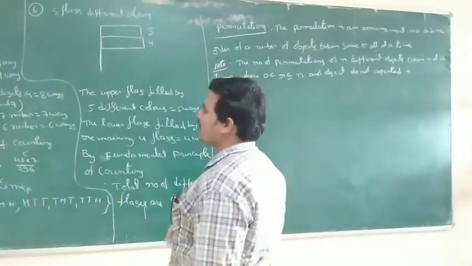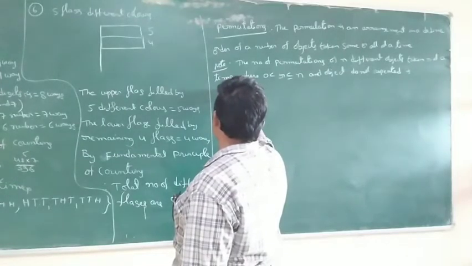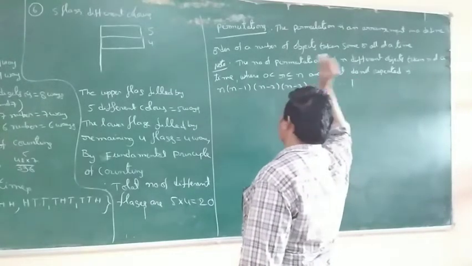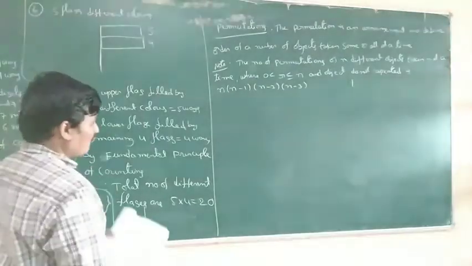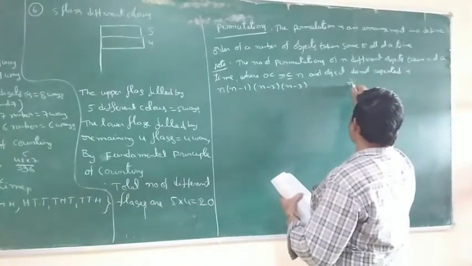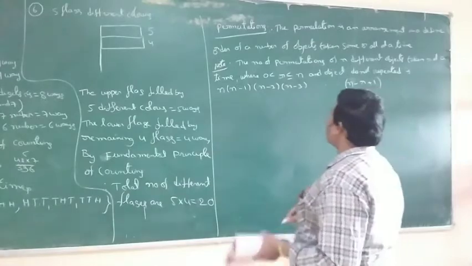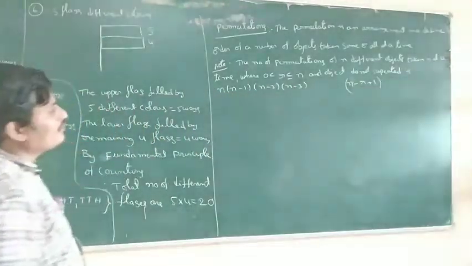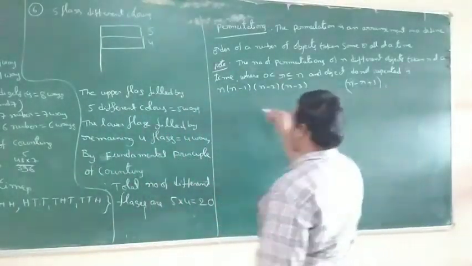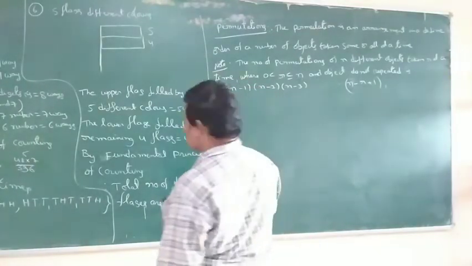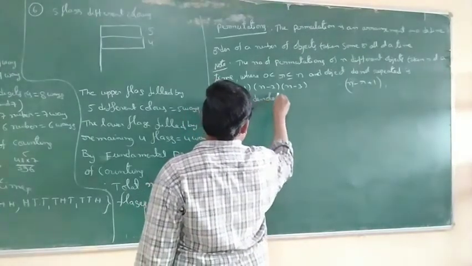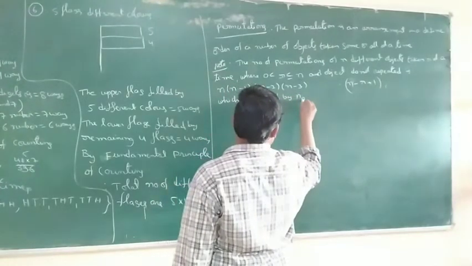So the first place is filled by n objects, the next place by n minus 1, the next place n minus 2, the next place n minus 3, and so on up to the last place. The product n into n minus 1 into n minus 2 and so on up to n minus r plus 1 is denoted simply by nPr.